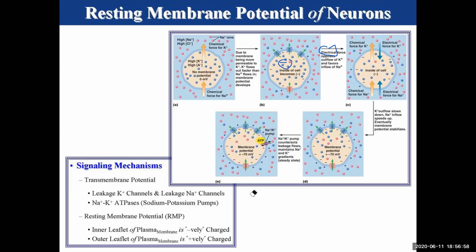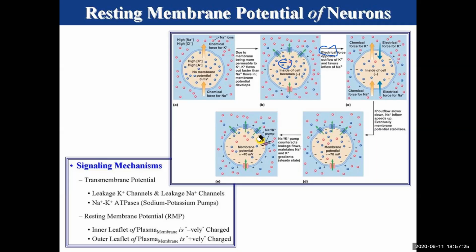Introducing back the star of the night, sodium-potassium ATPase. So this is a pump, it requires energy. This is an active transport mechanism. More specifically, this is primary active transport. It consumes ATP to kick out 3 sodium and bring in 2 potassium.